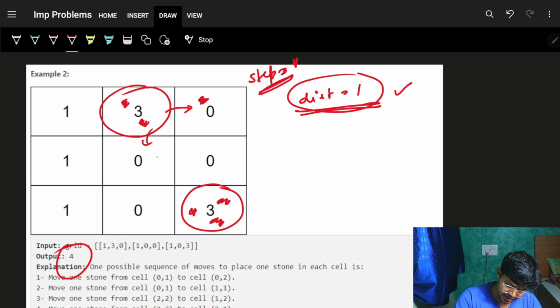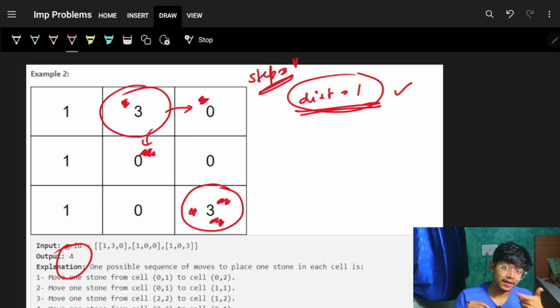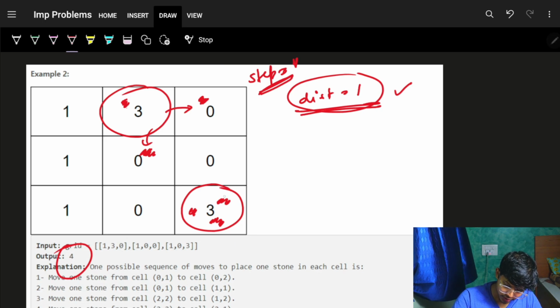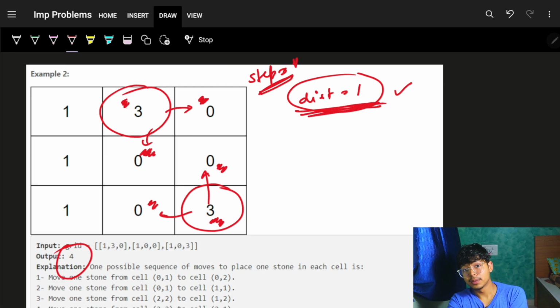That's done. For this cell, I'll again go and place a stone here. That's done. Cool. But I'm saying in step one, I'll go on for every cell having more than 1 stone. So for this also, for distance 1, I'm only concerned about placing at distance 1 only. Cool. I'll just go and place a stone here. I'll go and place a stone here.